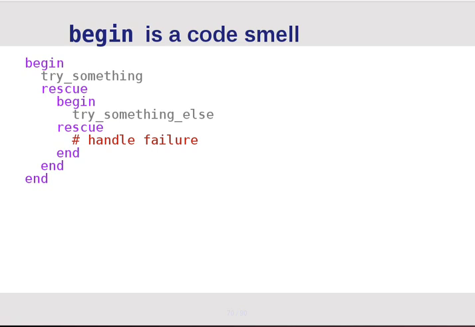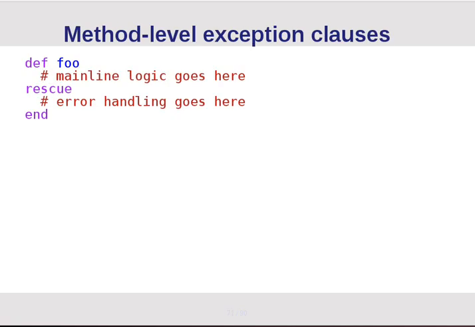But how do we avoid begin statements? Well, Ruby actually gives us a really elegant idiom that enables us to get by without ever having a single begin statement. If you have a single rescue block at the top level of a method, you can get away without the begin statement. And when you do this, you have this really neat delineation in your method between business logic in the top half of the method and error handling at the bottom half of the method.